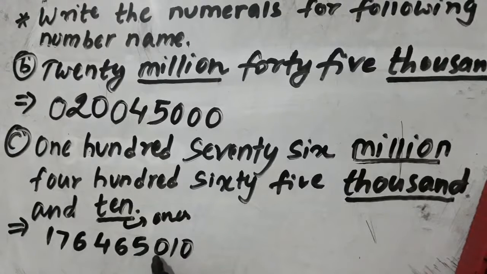Ones, tens, 100, it wasn't mentioned for 100, so therefore I have kept 0. So विद्यार्थीहरु 3 वटा प्लेसेस बनाउनको लागि मैले अगाडि 0 थप्नु पर्यो. So students, in this way 176,465,010. Period of ones, period of thousand, period of million. Each period has got 3 places.